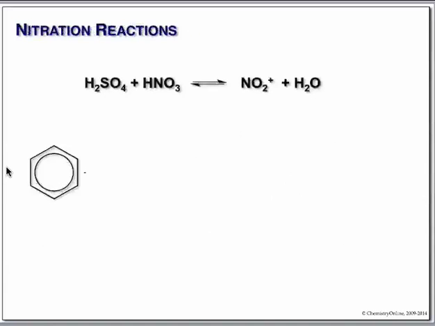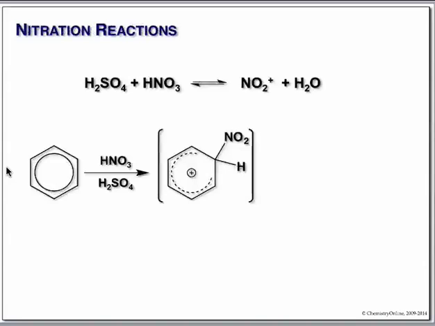For nitration, the mixture you actually use is nitric sulfuric acid, both of them concentrated. It's a very, very powerful acidic solution. We dehydrate nitric acid and make NO2+. That's our electrophile. Just like every other thing, the electrophile is going to add to the ring to form a sigma complex that is not aromatic.